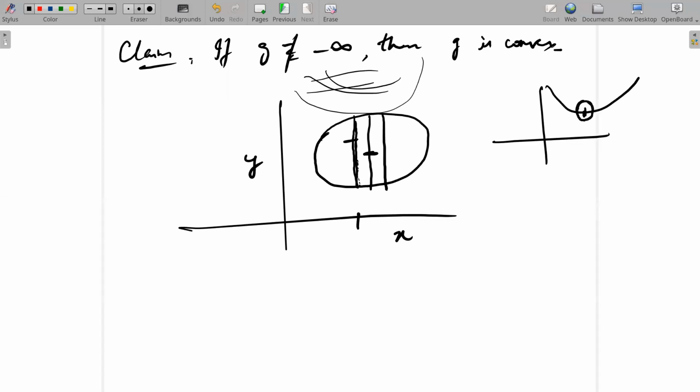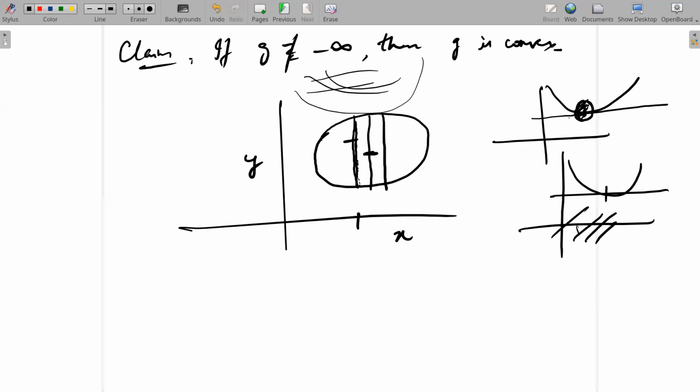If I take a ball around this point and take the intersection with this convex set, and I have a supporting hyperplane, then it will also be supporting for the whole convex set. That's the way convex sets are designed. If you have a local supporting hyperplane, it's a global supporting hyperplane. And if you have a local minimum, this is a local supporting hyperplane, and hence it's a global supporting hyperplane, which is parallel to this domain. Then that will serve as the global minimum. So I already gave you the proof, but you have to write down the correct words.